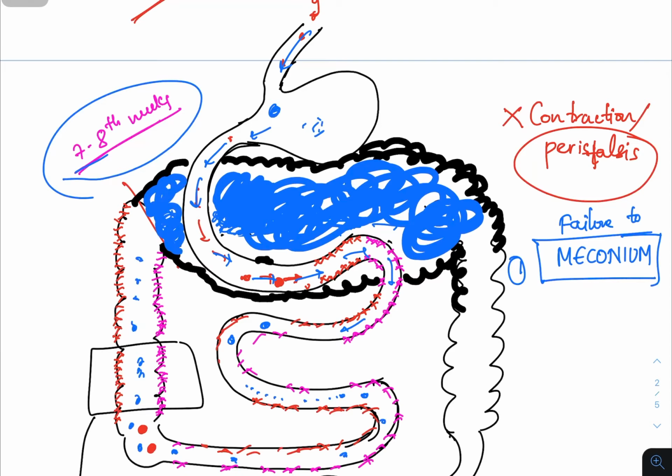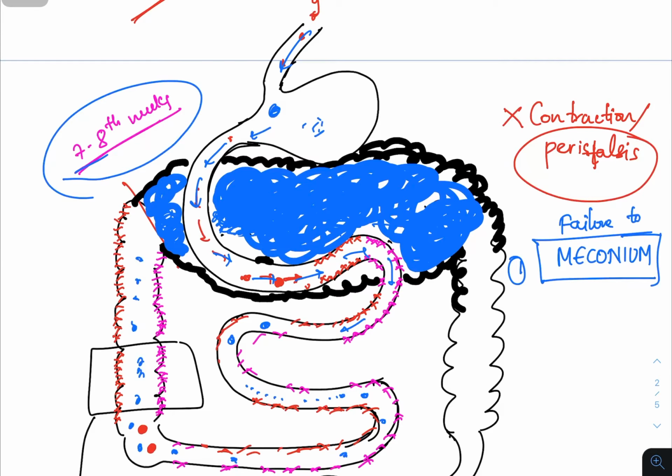So can I call it a megacolon? You see, a lot of food which cannot pass. Why can it not pass? You know the reason.